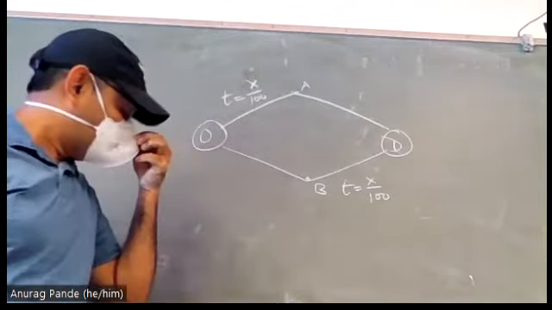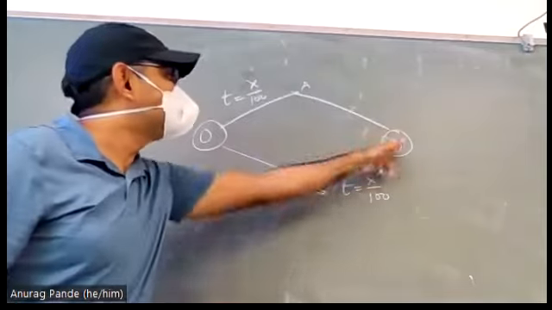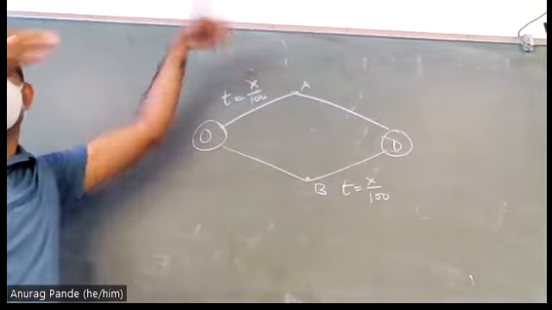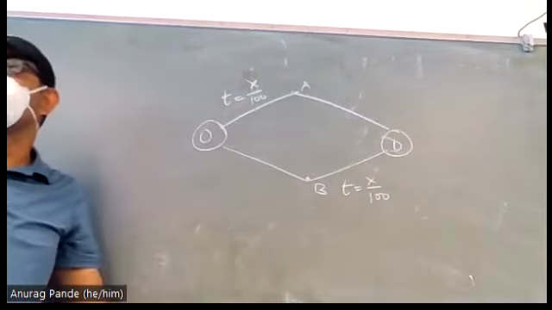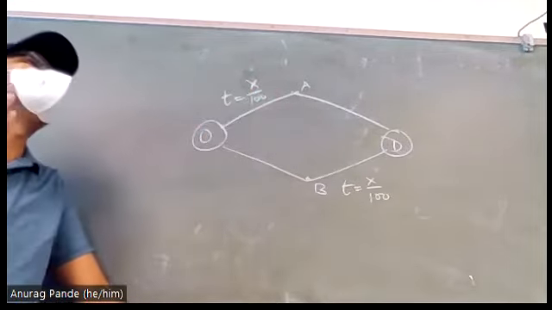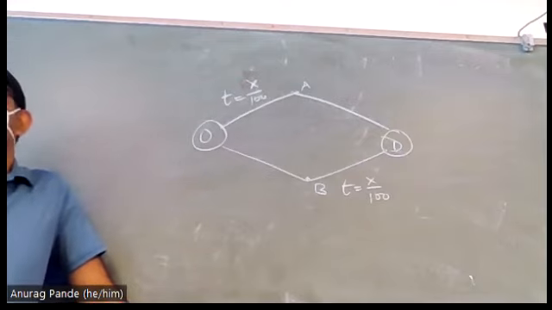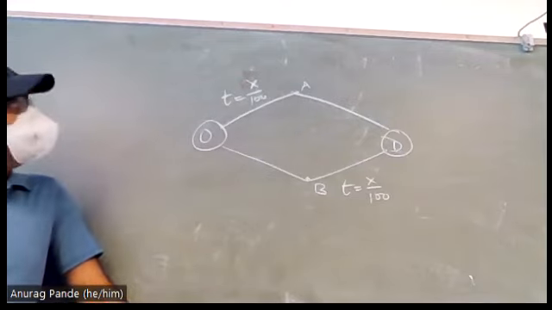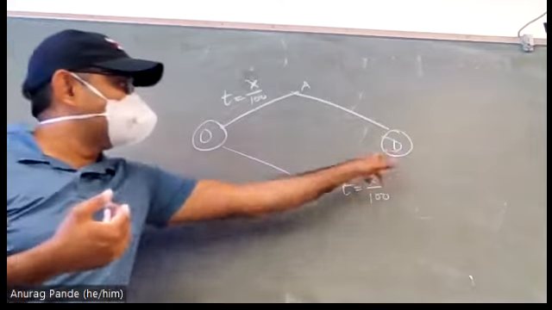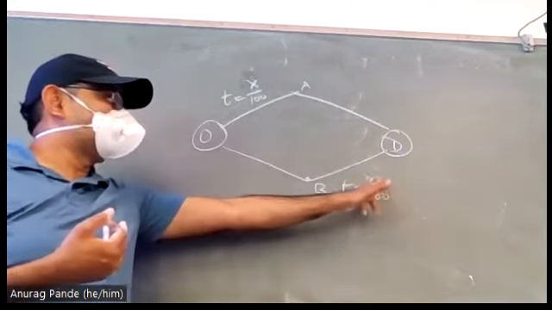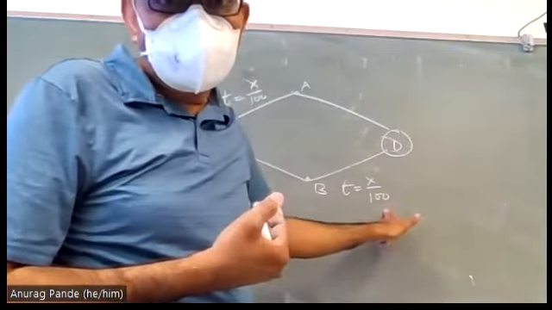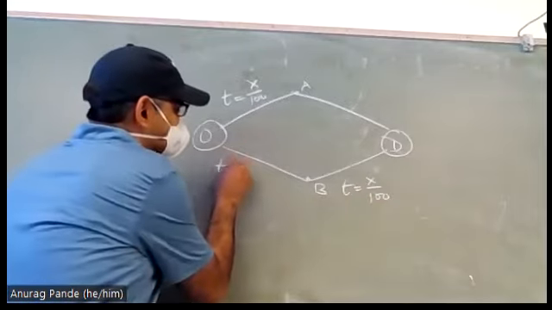These links have no free flow travel time, so when nobody is there, you can pass through that link instantaneously. But when there are people, it starts to take some time. You can think of these as maybe a gate or a toll plaza of some sort. So the travel time is 0 when nobody's there, but when somebody's there, travel time is how many people are there divided by 100. And then the travel time on these links is always 45 minutes.